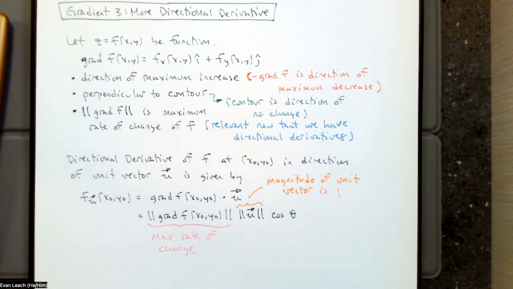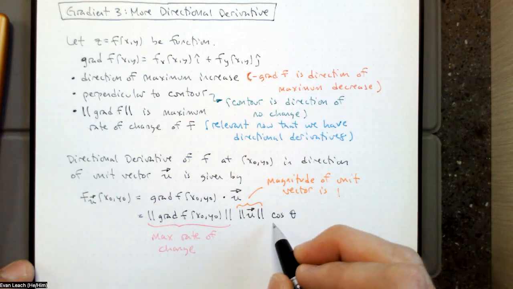The gradient vector is telling us which direction to go, but the magnitude of the gradient is telling us the maximum rate of change. And then the cosine of theta, there's the dot product being multiplication at an angle, is telling us what fraction of that maximum rate of change we're going to get.